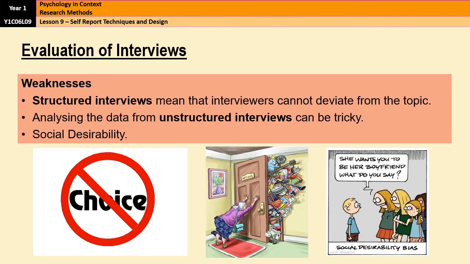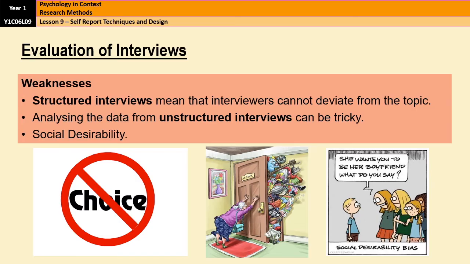And then finally, an issue with both types of interview is that, again, you have a social desirability bias. People will lie to make themselves feel better or to make themselves look better in the eyes of the interviewer, particularly when they're talking about sensitive topics.